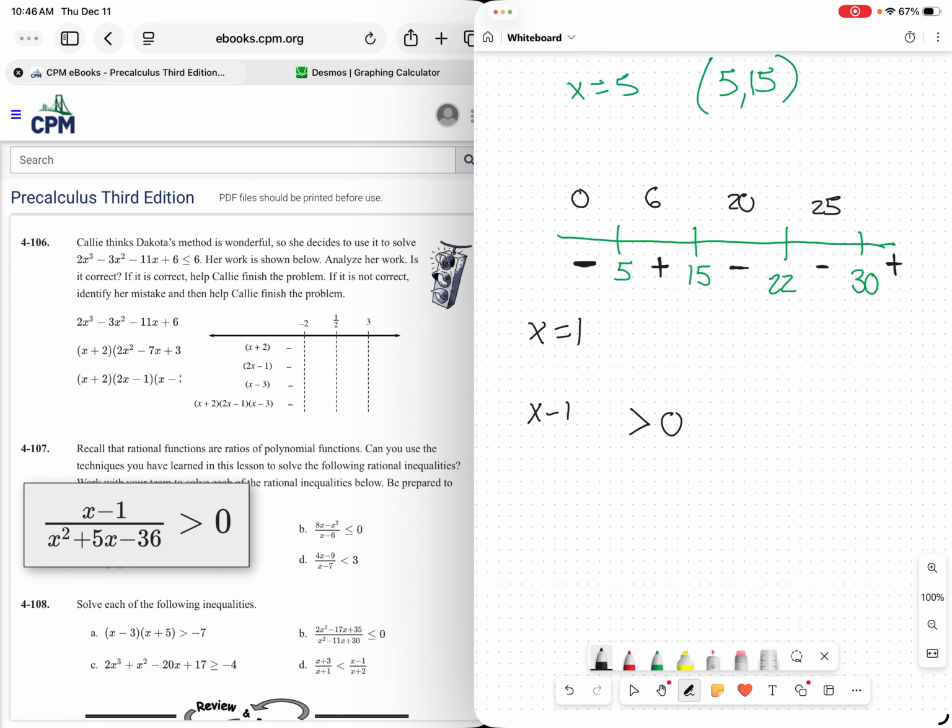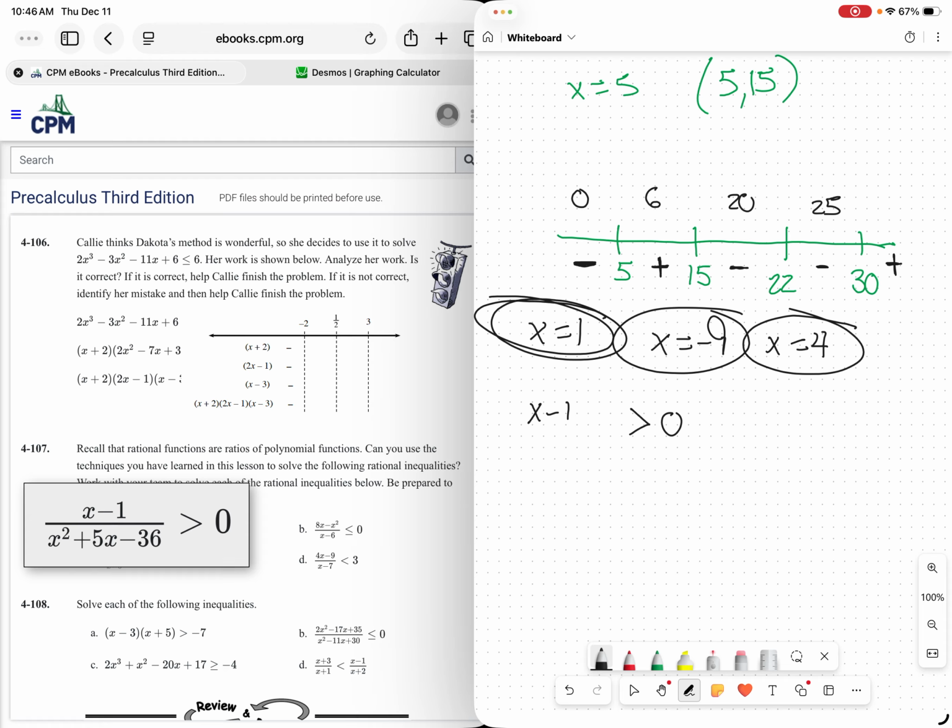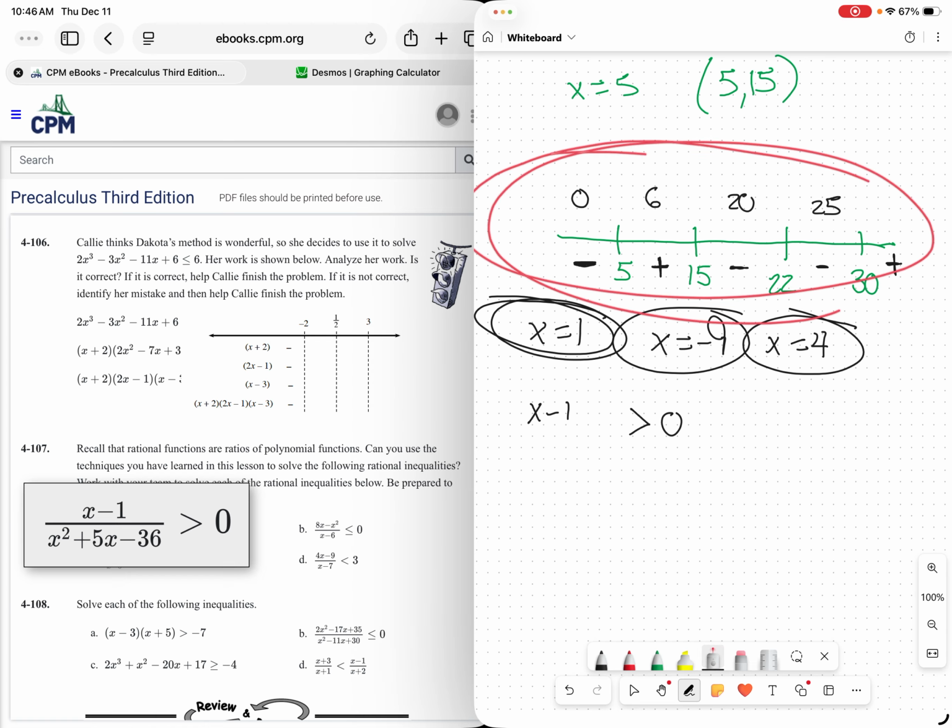So x equals 1 is a critical test point, and then our asymptotes, which are going to be at -9 and at 4, right? So those are our critical values. And then we would test points around these values just like we did here to see if those values are going to get us greater than 0.